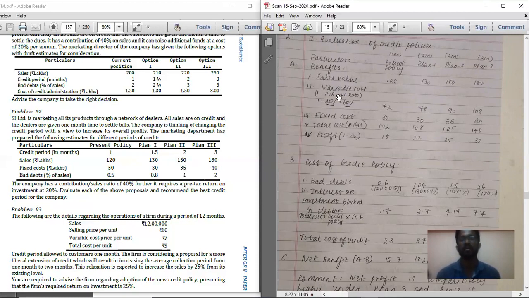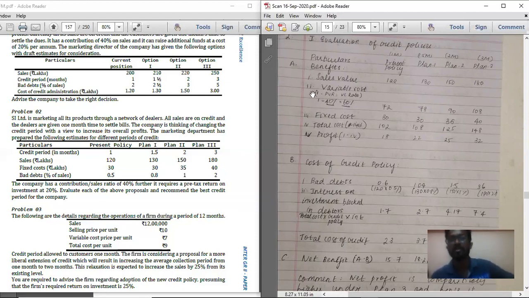Below that, small Roman number 2, variable cost. See, what is variable cost? 1 minus profit volume ratio, that is 1 minus contribution ratio, is the variable cost ratio. Here the contribution ratio is 40%, then the variable cost ratio is 1 minus 40%, that is 60%.